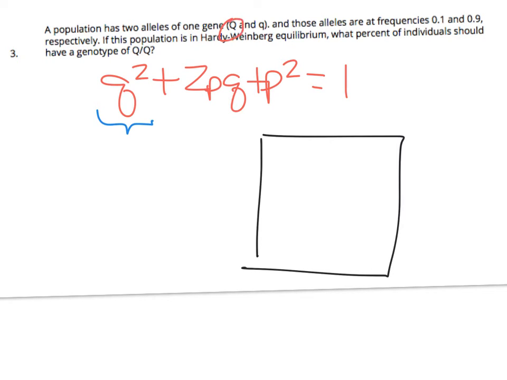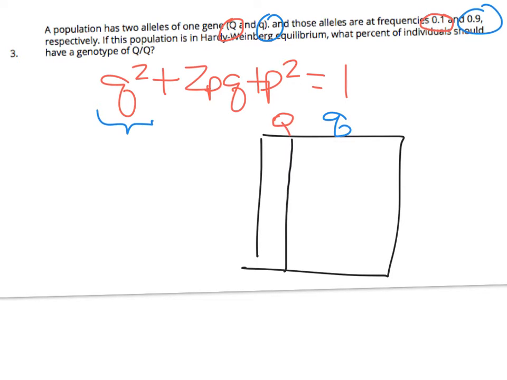Big Q is at a frequency of 0.1 in the population, and little q is at a frequency of 0.9. So if we represent the frequencies of the gametes, big Q occupies a tenth of the width of the total Punnett square, and little q, 90% of the width.